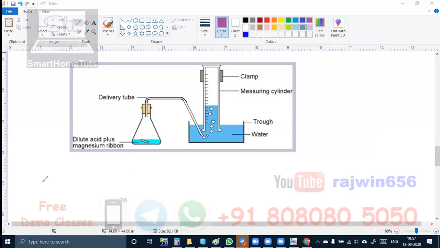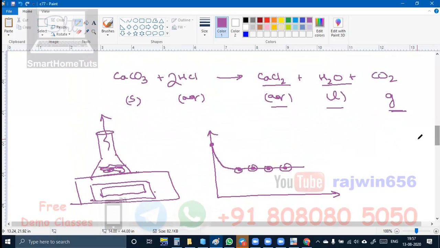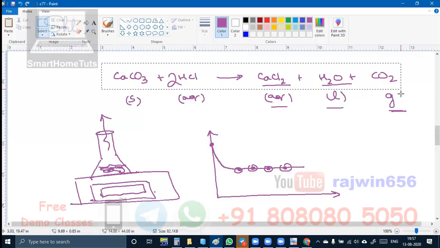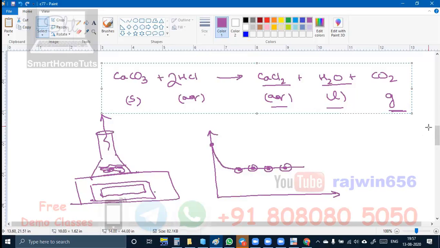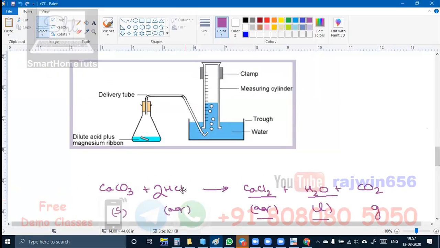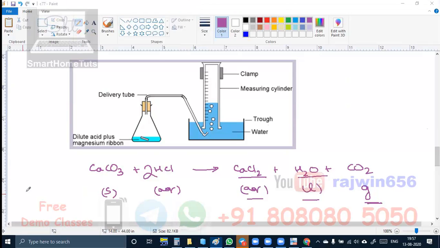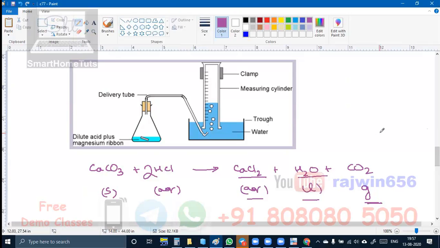Now this arrangement that we have considered over here, we will not be able to measure the rate of this particular reaction. Why? Because in this reaction CO2 gas is given off, so here also gas only is there.